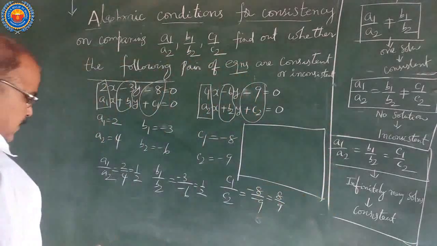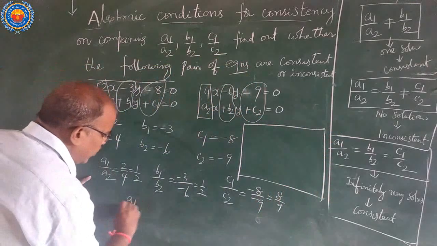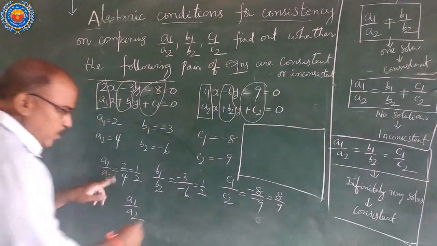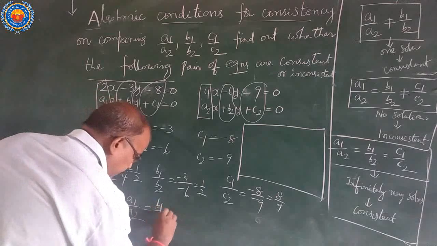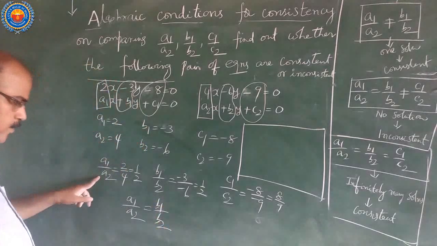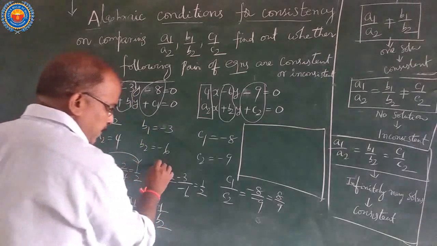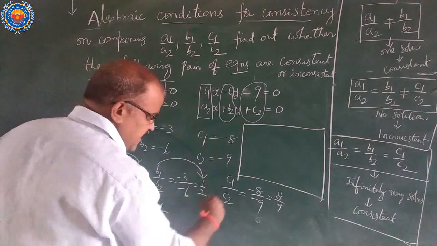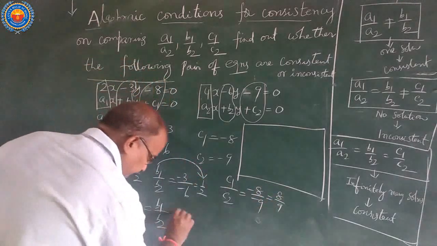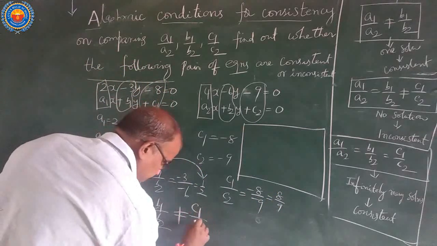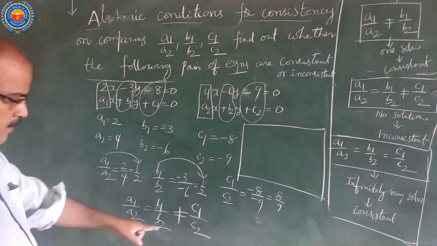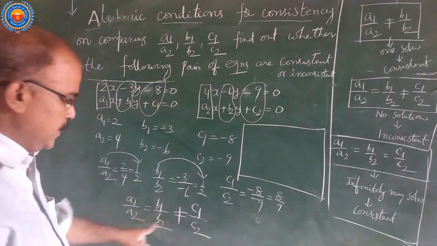From this I got a1 by a2 is equal to b1 by b2, because a1 by a2 is equal to 1 by 2 and b1 by b2 is equal to 1 by 2. c1 by c2 is not 1 by 2, so it is not equal to c1 by c2.